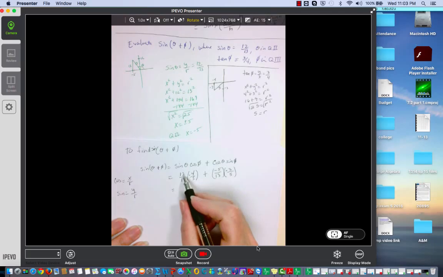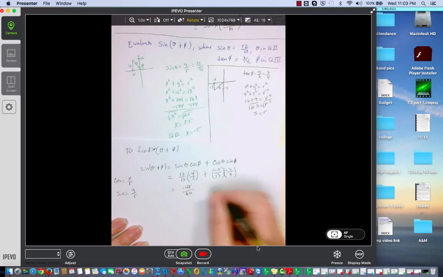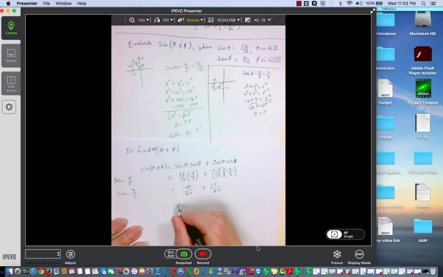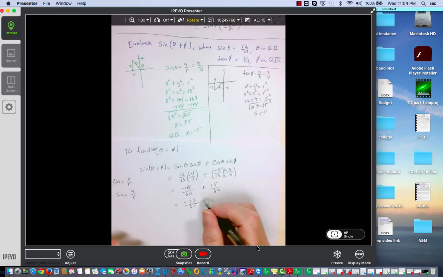So this will get us negative 48 over 60, and a negative times a negative will get us positive. 5 times 3 is 15, 13 times 5 is 60. Negative 48 plus 15 will get us negative 33 over 65. And that will be the value of sine theta plus phi.